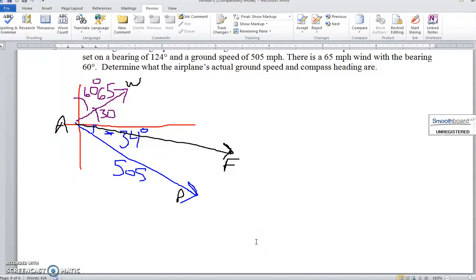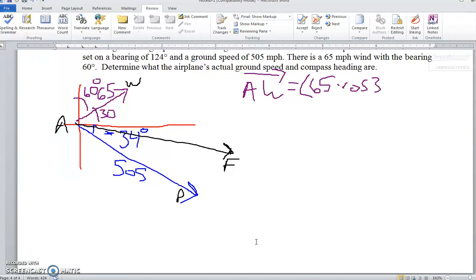Let's go through and come up with some of our vector information here. So to start off, how do we find the vector AW that represents the wind? That is going to get me the magnitude of 65 times cosine of 30, and then the magnitude of 65 times sine of 30.